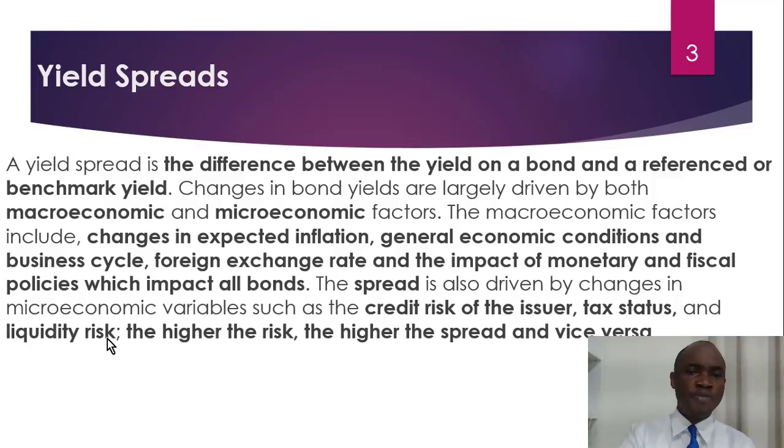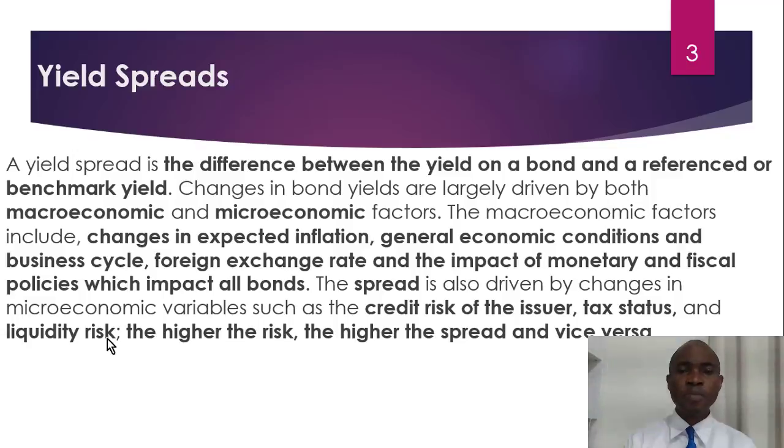Yield spread is the difference between the yield on a bond and a reference or benchmark yield. Changes in bond yields are largely driven by both macroeconomic and microeconomic factors. Macroeconomic factors are systemic factors that affect every bond issuer in the economy, e.g. changes in expected inflation, the general economic conditions, the business cycle, foreign exchange rates, and the impact of monetary and fiscal policies.